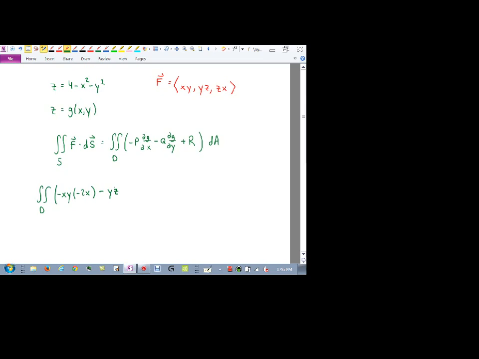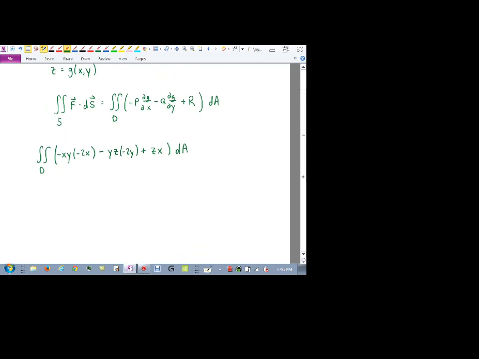And what's the partial of g with respect to y? Negative 2y. Okay, plus R. What's R? zx. All of that, dA. Follow? If you like lines, then here are some lines: negative P, partial, Q, partial, R, right? That's where everything came from.